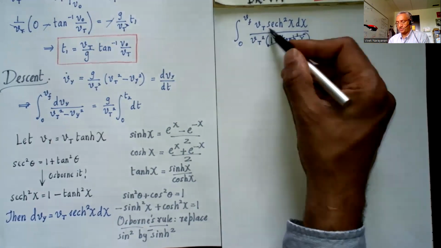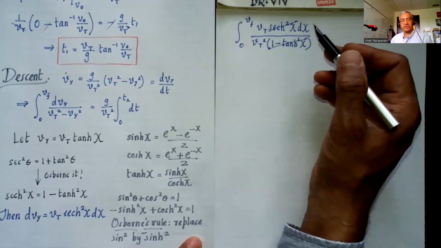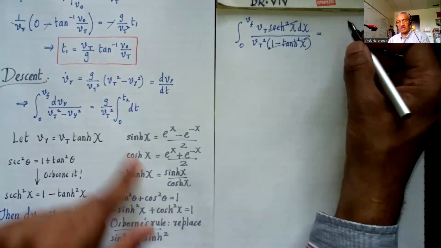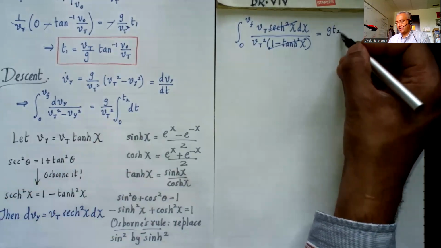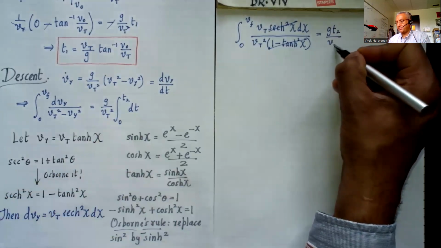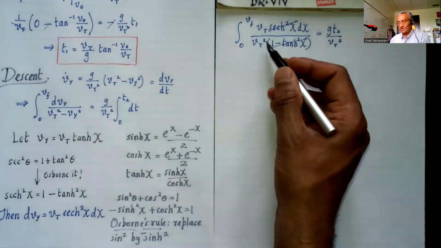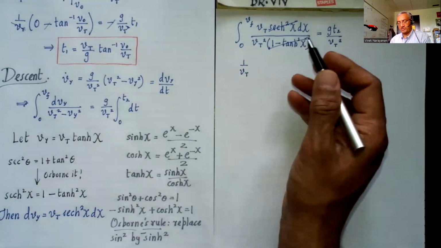And then I just showed you here that they're the same thing, so we can cancel them out. The right-hand side is integrated trivially, so that's g t2 over Vt squared. One of the factors of Vt cancels out, and I get 1 over Vt times the integral of d chi, which is chi.